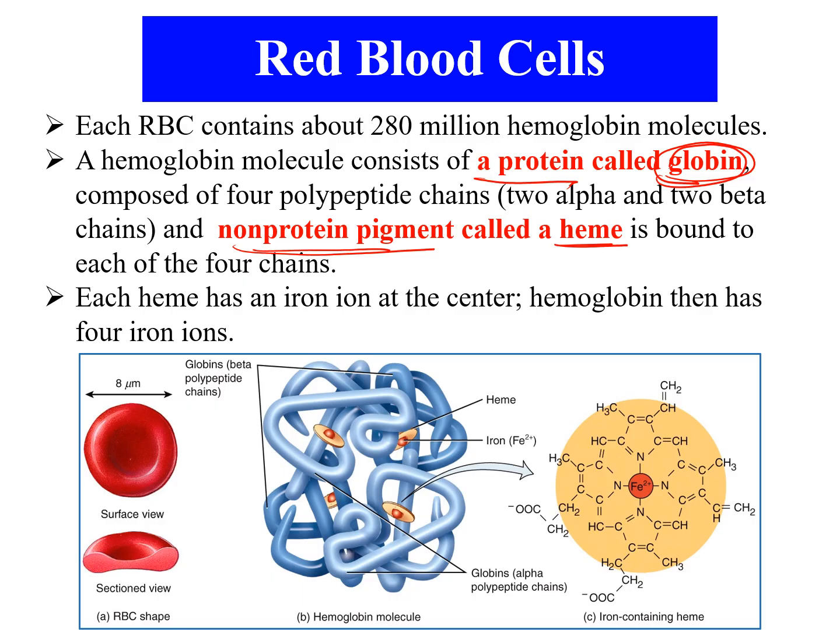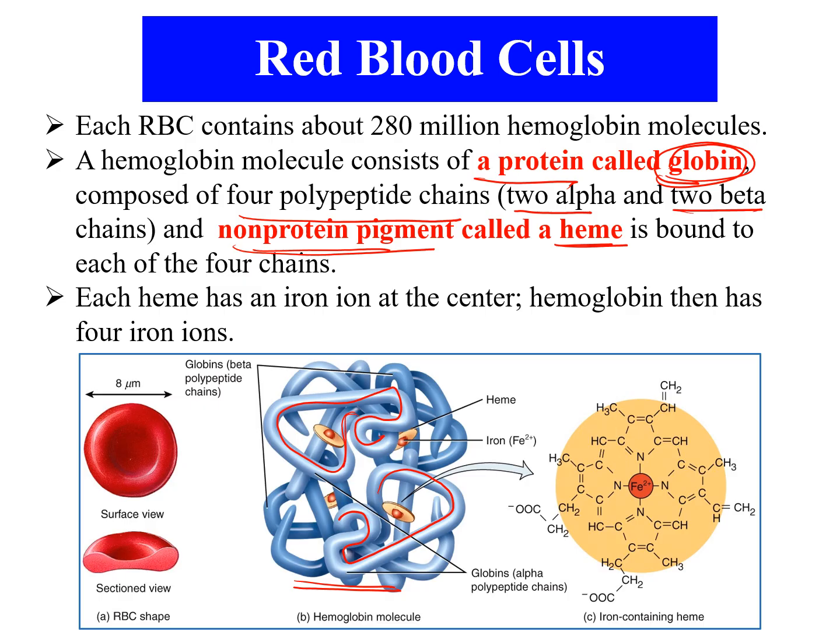Globin, which is the protein part of hemoglobin, is made up of 4 polypeptide chains. In an adult hemoglobin, these 4 polypeptide chains are made up of 2 alpha and 2 beta chains. If you look at this image of hemoglobin, this light blue chain on top is an alpha polypeptide chain, and this one at the bottom is also an alpha polypeptide chain.